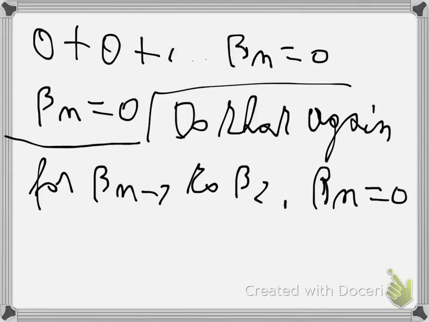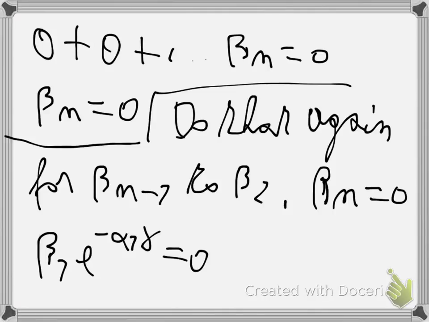Then you will show that beta n minus 1 is equal to 0, beta n minus 2, and so on until beta 2. And then you will only be left with beta 1 times e to the negative alpha 1 x equals 0. We know that e to the something will never be 0. It will be close to 0, but never really. And so you will get that beta 1 is also 0.